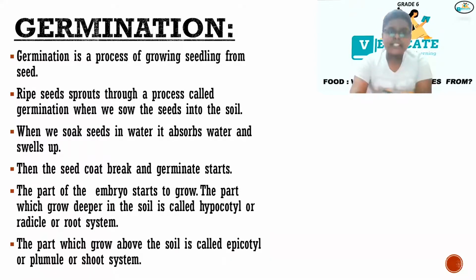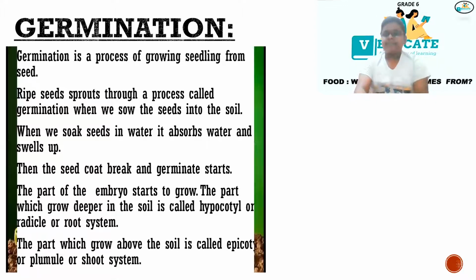The part which grows above the soil is called the plumule, or shoot system. The plumule is the stem.